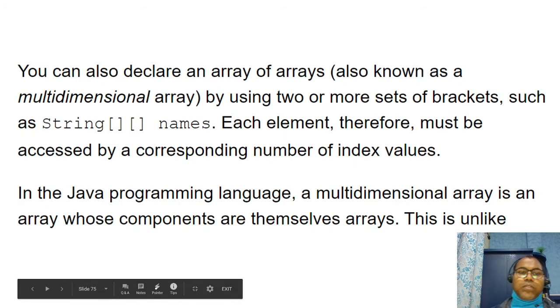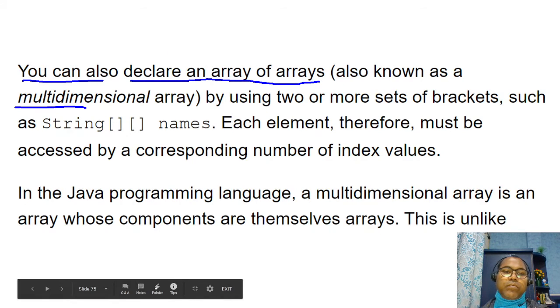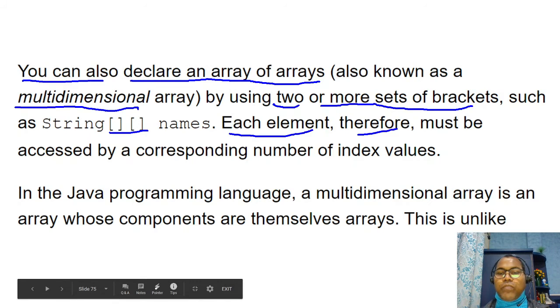Let's move to another concept: you can also declare an array of arrays, known as a multi-dimensional array, using two or more sets of brackets, such as 2 dimension, 3 dimension, 4 dimension, and each element must be accessed by the corresponding index value.